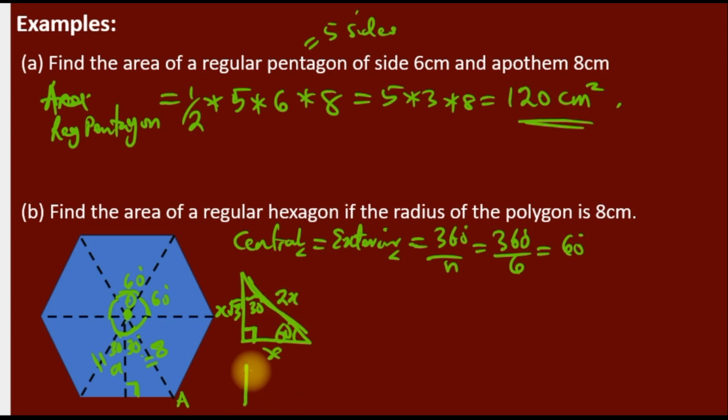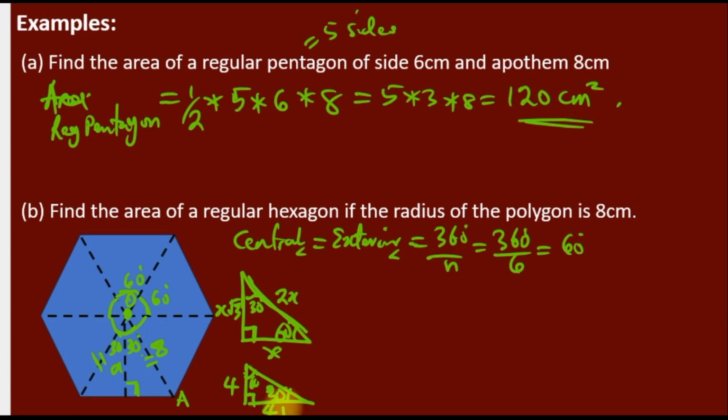So for example, if this angle is 30 degrees and this side is 4, then the one opposite 60 will be 4 times root 3, and the one opposite 90 will be 4 times 2, which is 8. So that's what we are going to use here.